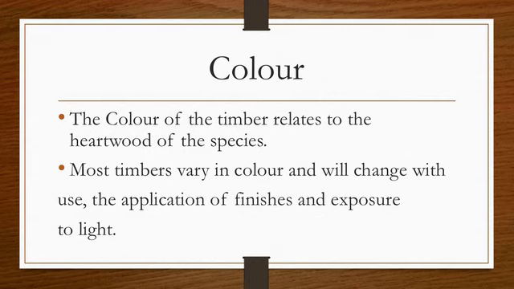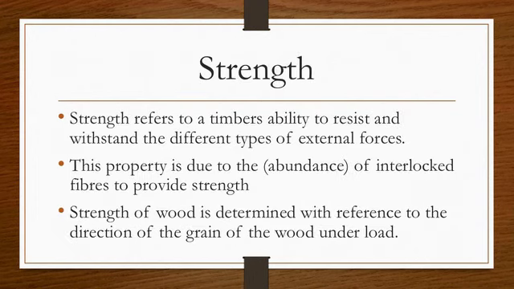Most timbers vary in color and will change with use, the application of finishes, and exposure to light. So timbers have different colors, and based on how they are used, different finishes such as paint, varnish, stain, or even exposure to sunlight can affect the color that it has.